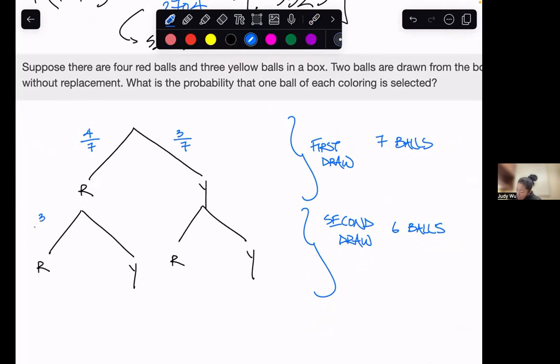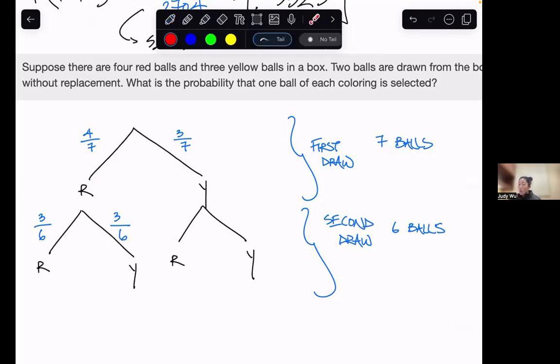And now we have 3 out of 6, because we have 6 balls in the box at this point. Now, if I choose a red, that means there's still 3 yellow ones in the box. And so I still have a 3 out of 6 chance of getting a yellow ball.